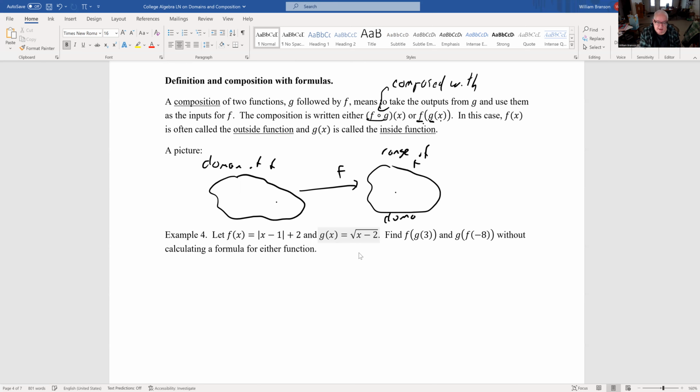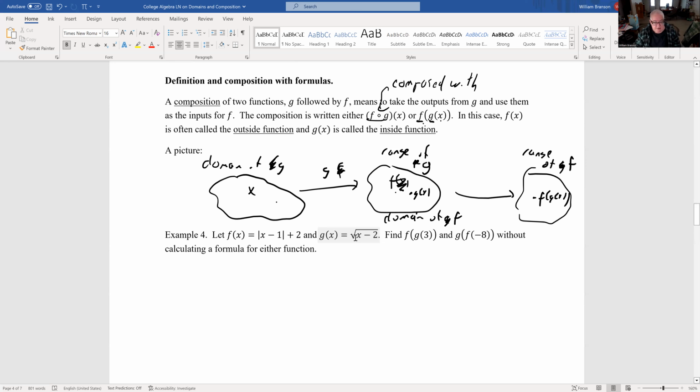And then if this is the domain of G, we end up in the range of G. So we take an X value, we find its F of X value, but now that's a number that can be plugged into G, and so we plug that in there and we get, oh, I got them backwards. This should be G, then this should be F. So this becomes G of X, and then this becomes F of G of X.